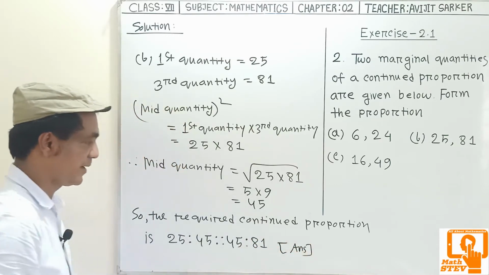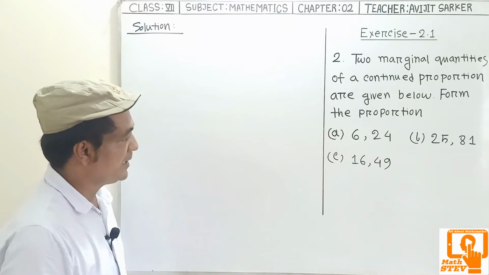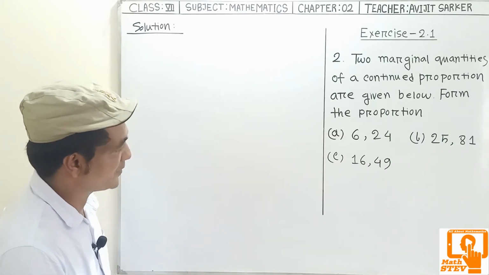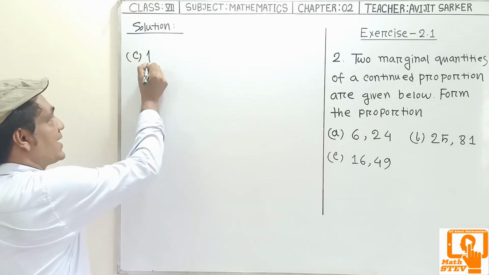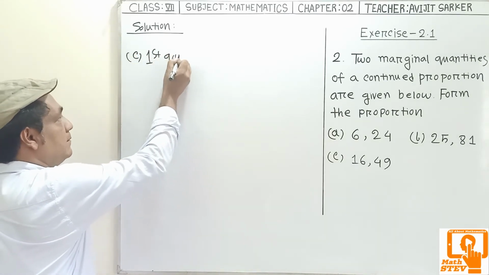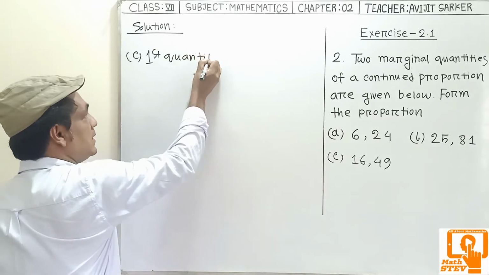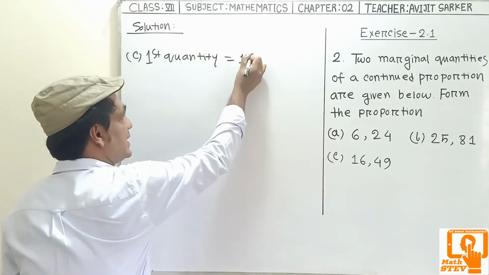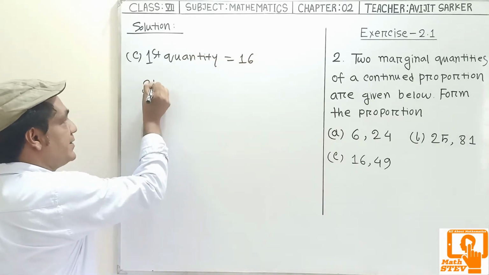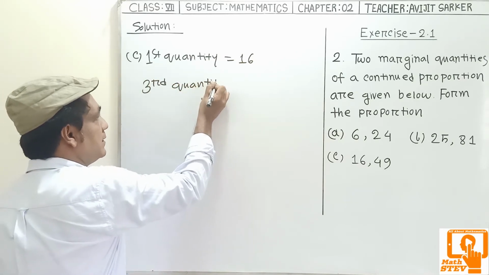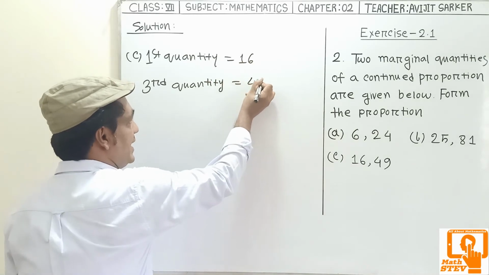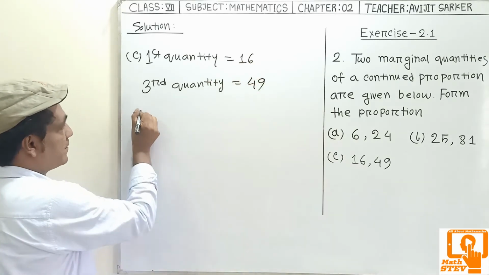Question C. Given quantities are 16 and 49. First quantity equals 16. Third quantity equals 49.